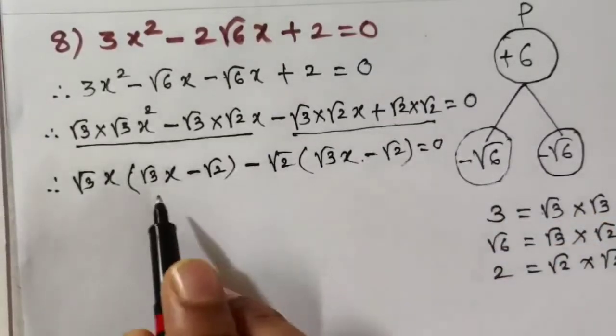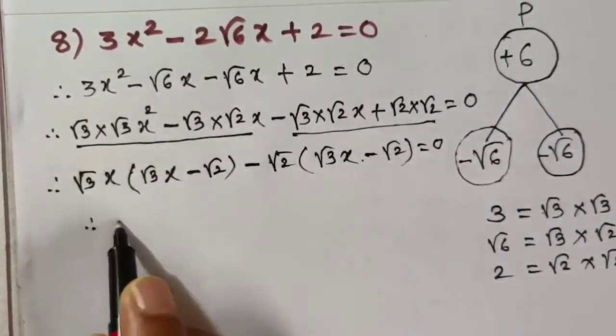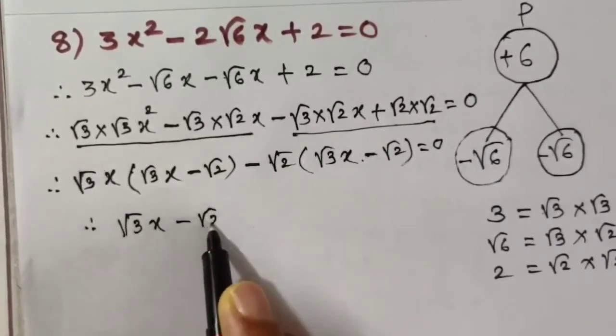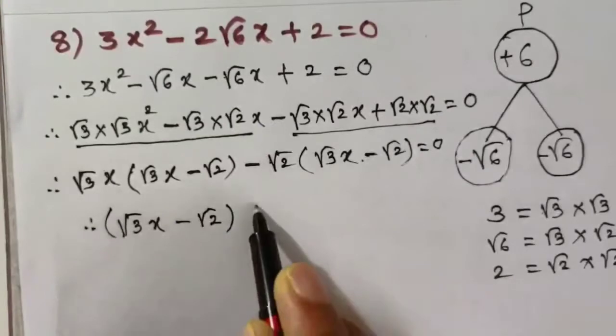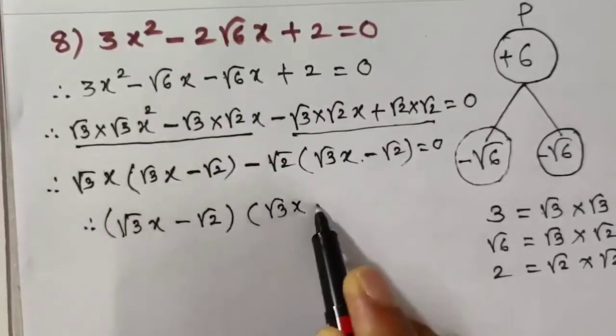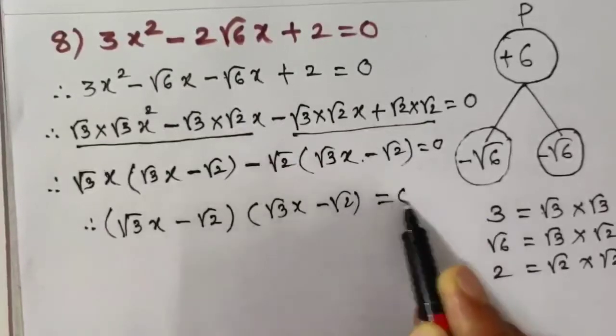So first factor is this common bracket, root 3x minus root 2. This is one of the factors, and second factor outside the bracket, root 3x minus root 2, is equal to 0.